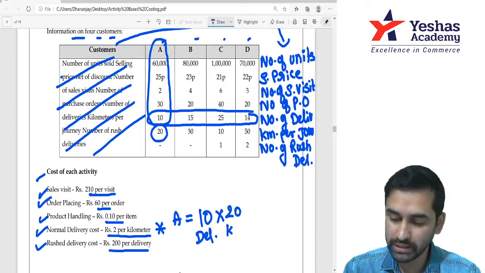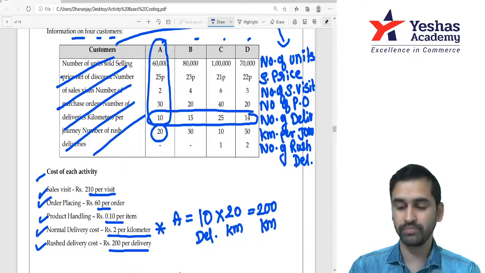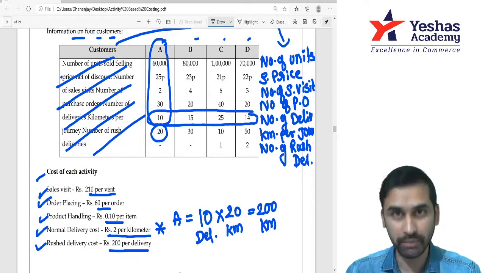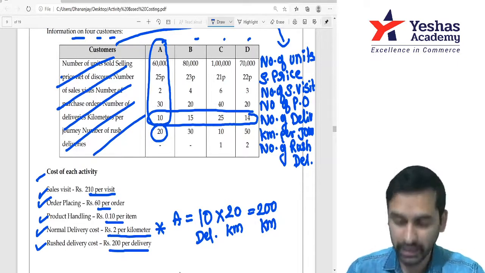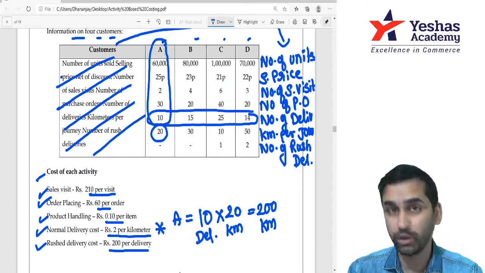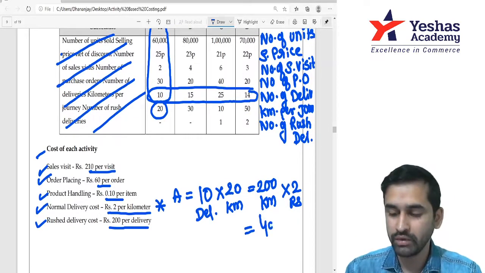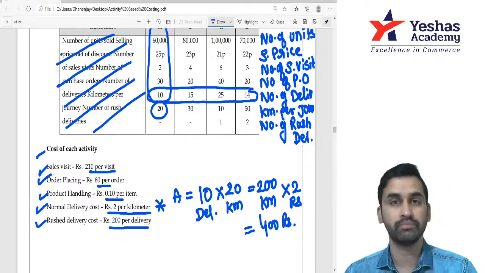So if you multiply this by 20 kilometers, you will get 200 kilometers. 10 deliveries, and every time I have to go deliver the product and come back, distance is 20 kilometers. So you are going to travel for 200 kilometers, and that you should multiply by 2 rupees. So 200 kilometers into 2 rupees will be 400 rupees, correct?